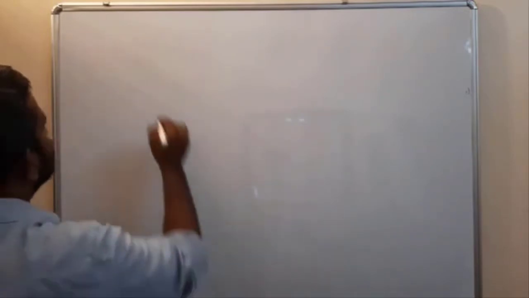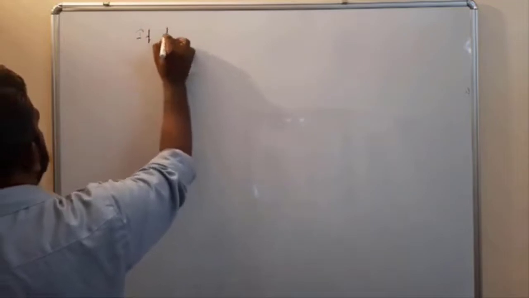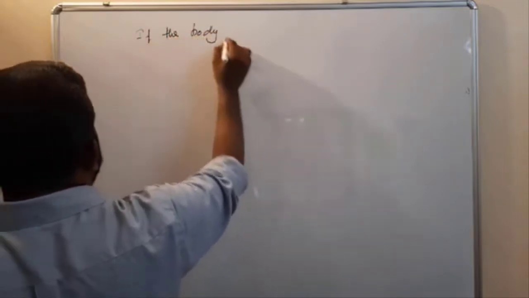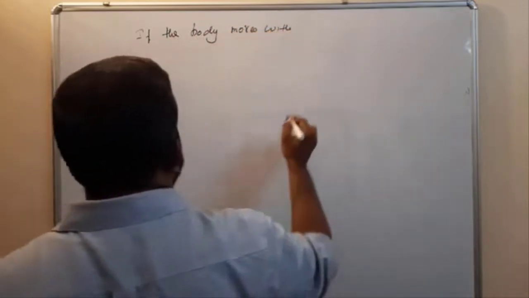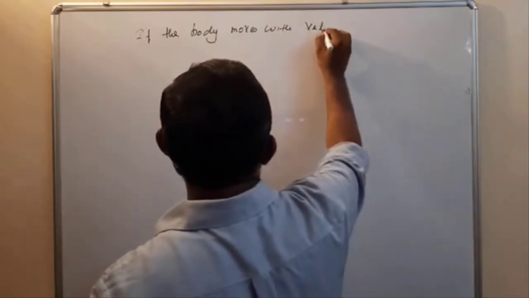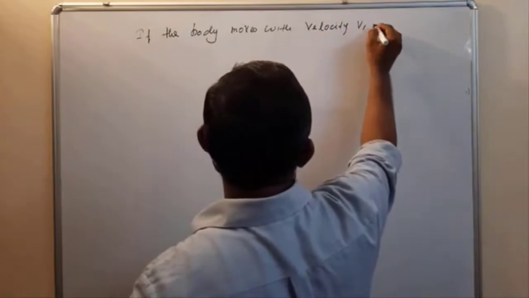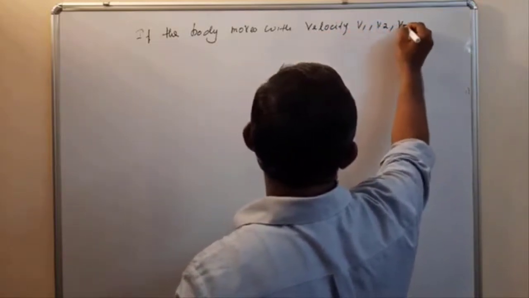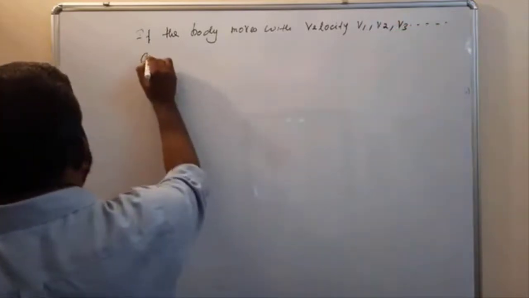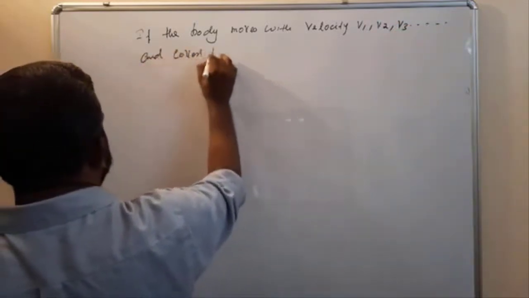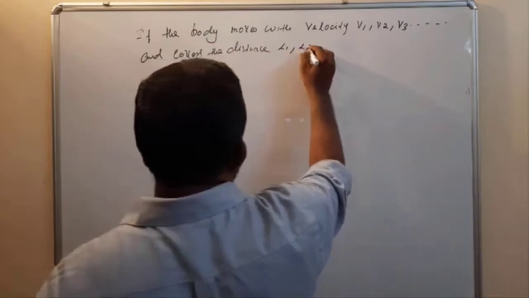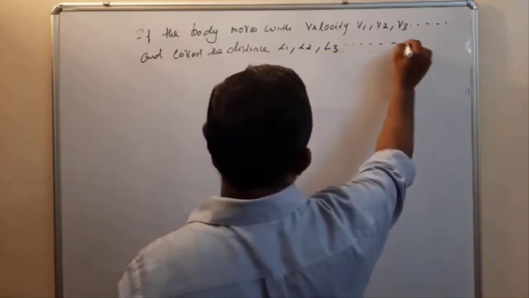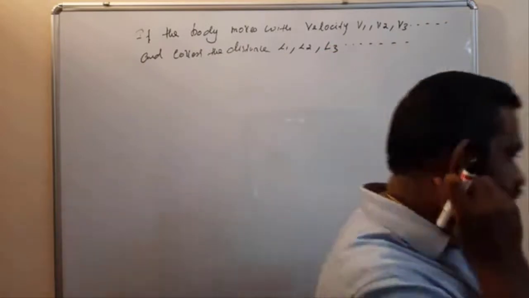So the last concept. If the body moves with velocities v1, v2, v3, etc., and covers the distances L1, L2, L3, etc., what is the average velocity?